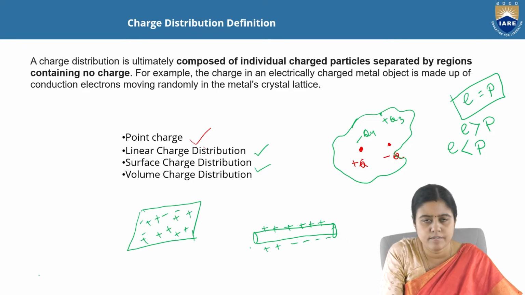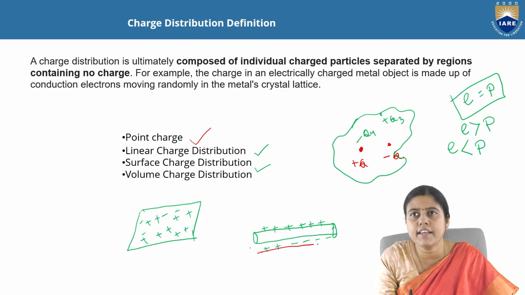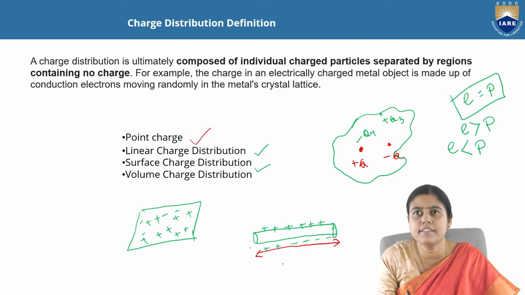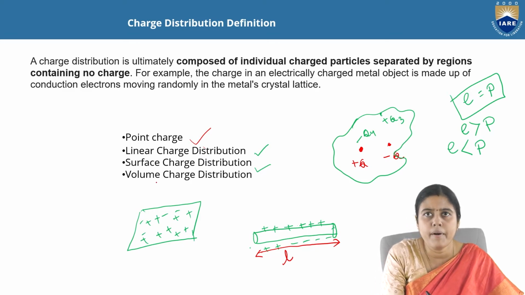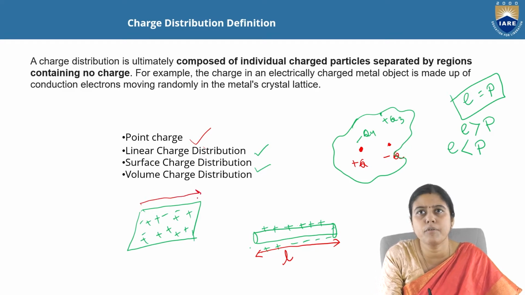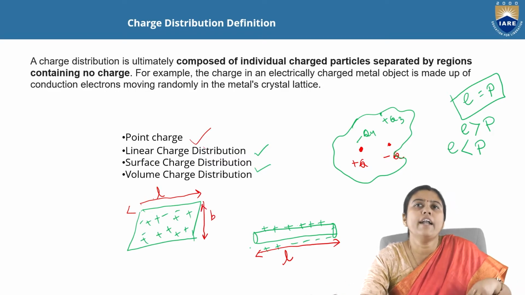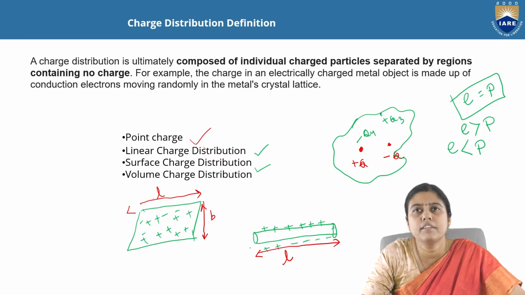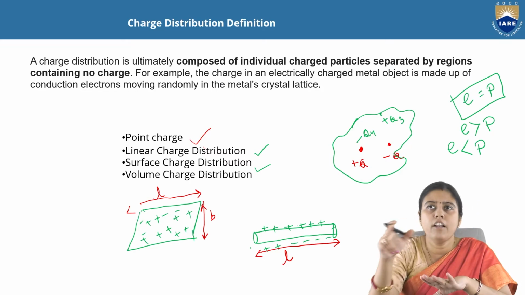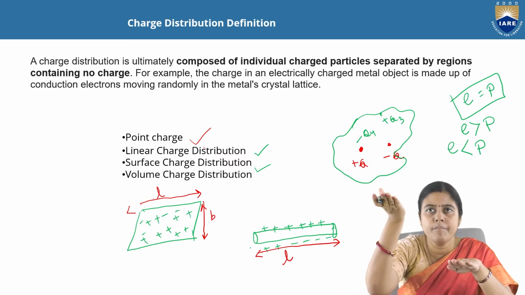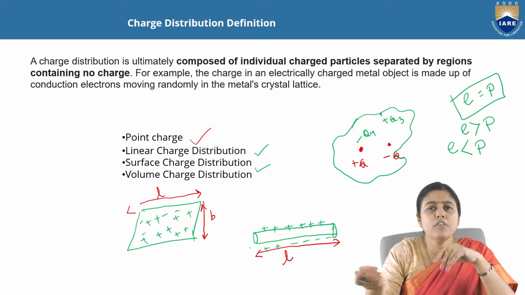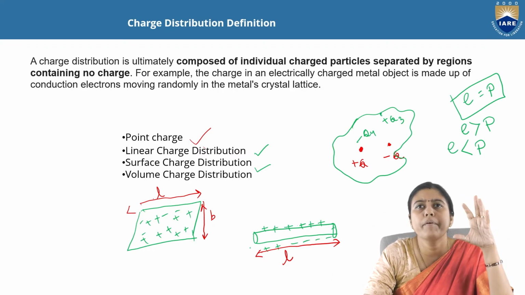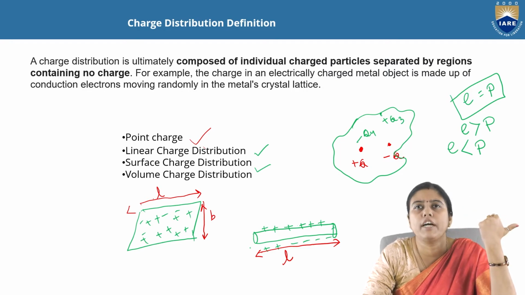In the linear case the charge is distributed according to the length, but in this case the charge is distributed along the length as well as the breadth. So this is called the surface charge distribution.